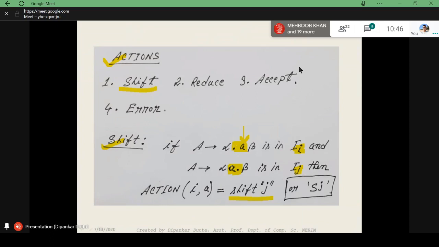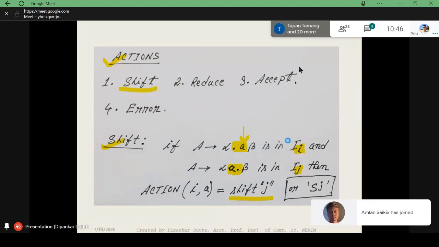Here, if A implies alpha dot a beta, that means the dot is followed by a terminal symbol, then remember we will always go for shift. As per example, in our previous set, we can check.